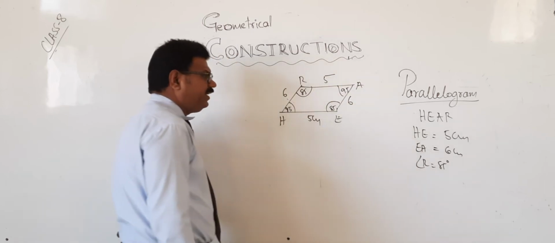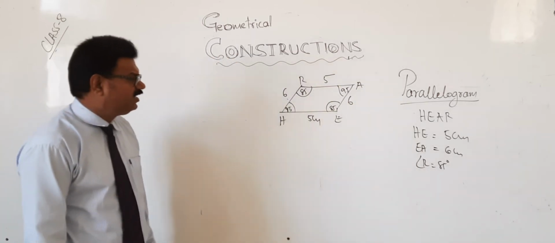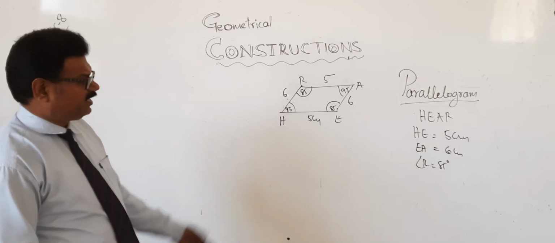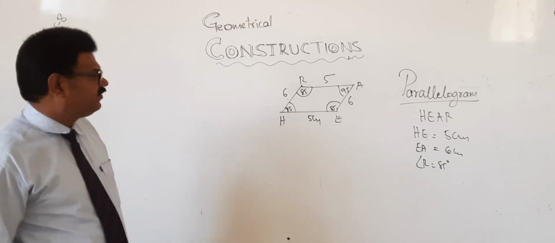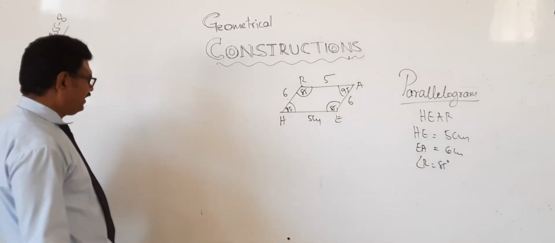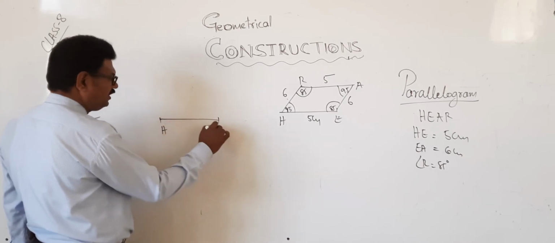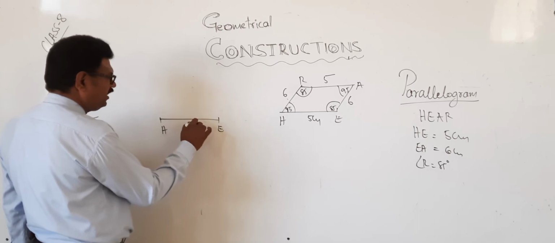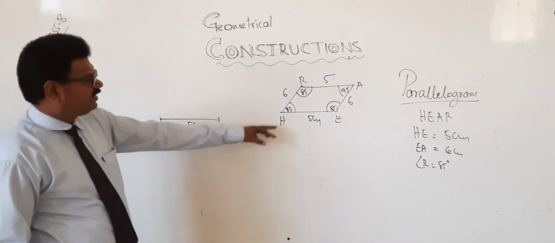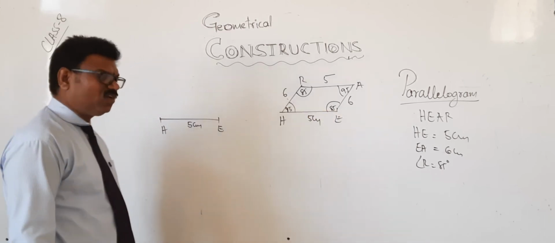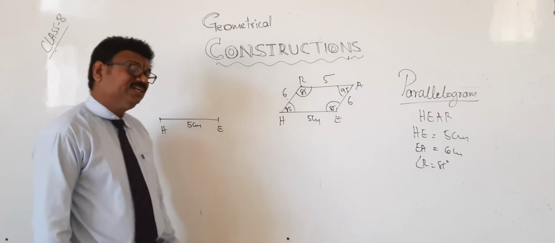Now, whichever base you want, you can take. Whichever angle you want, you can take. Right? Because one angle is given, you can take any one. Okay, HE only will take. First draw HE. HE 5 centimeters. Afterwards, 95 degrees and 85 they are not multiples of 15.